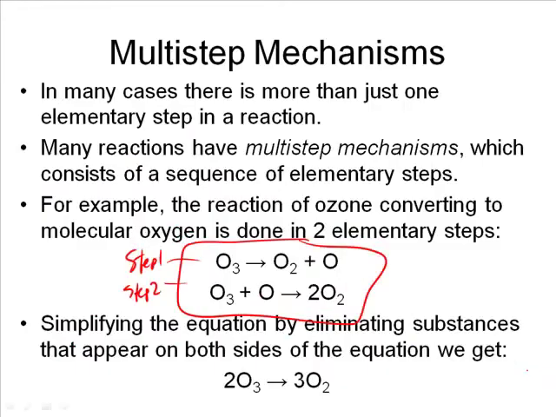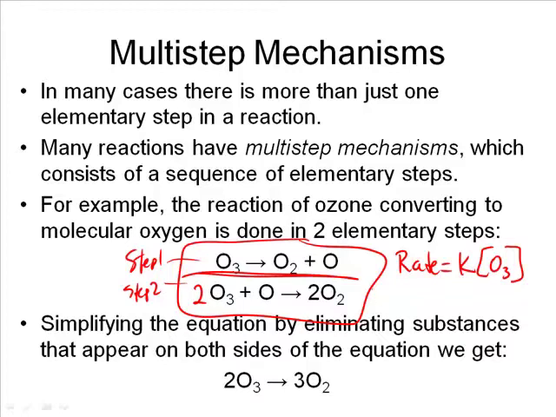So we could come back to this equation right here, and you could say, okay, what's the rate law for this reaction? The rate would equal k times the concentration of O3 raised to the first power. What would be the rate law for the second one? Let's just say there's a 2 there, just to make it a little bit different.